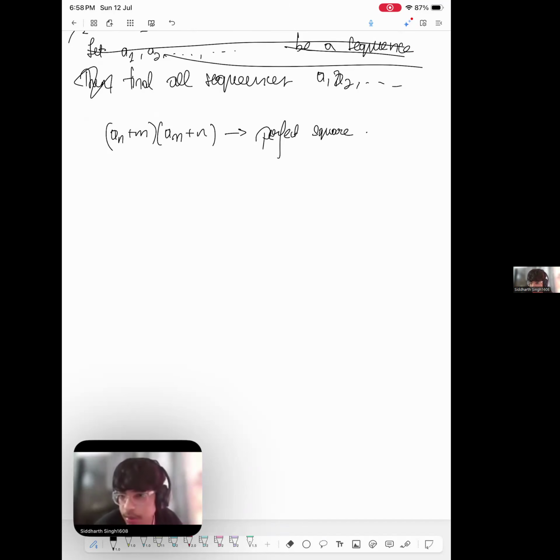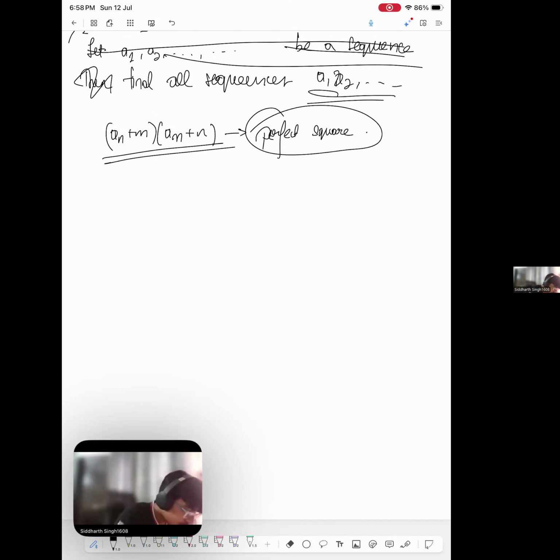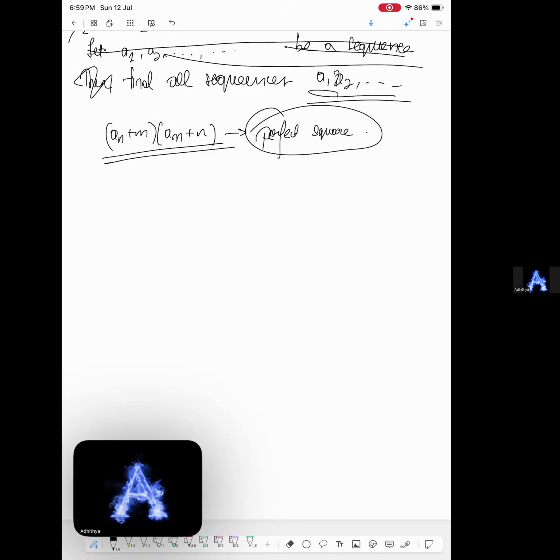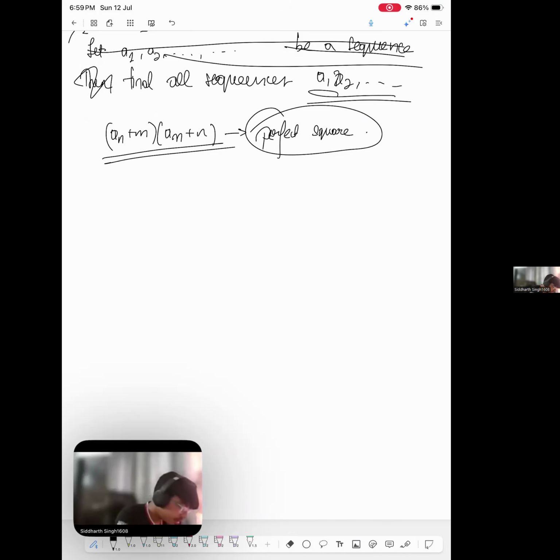For now, just read the problem statement. That is an a_m, right? a_{m+n}. Yep. This is the subscript. Yeah.